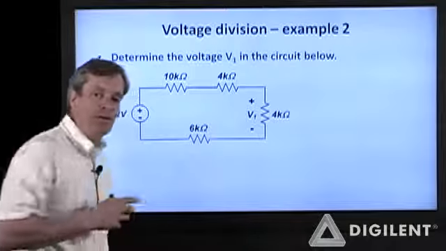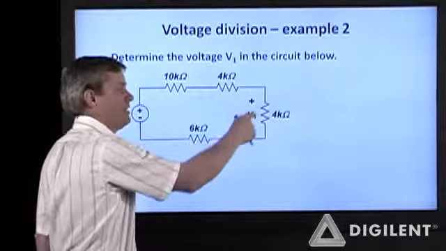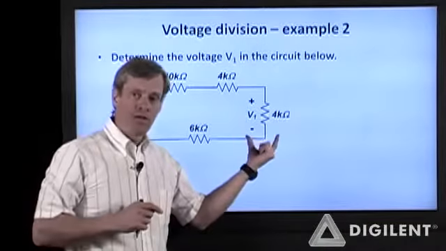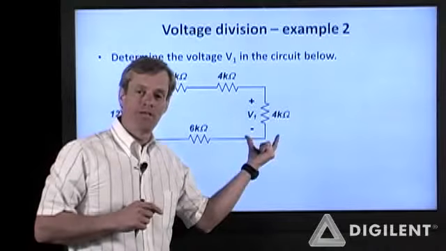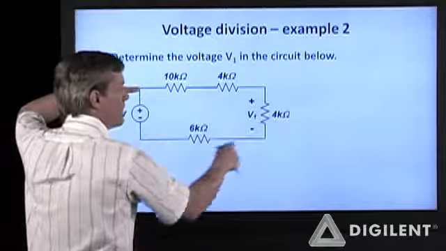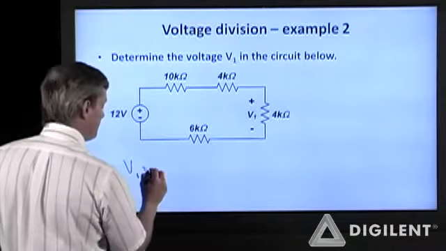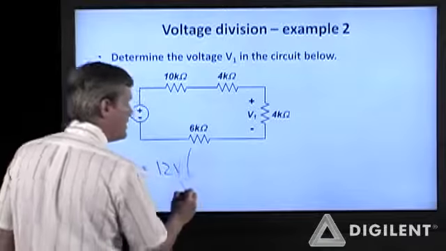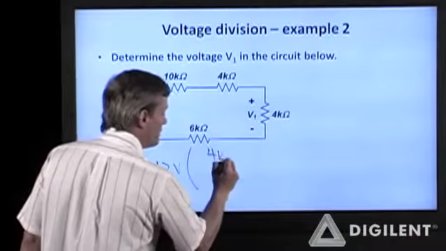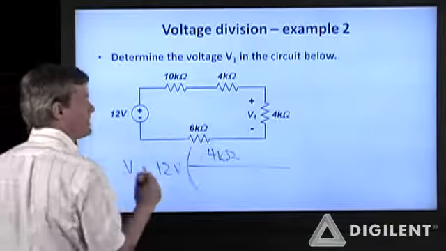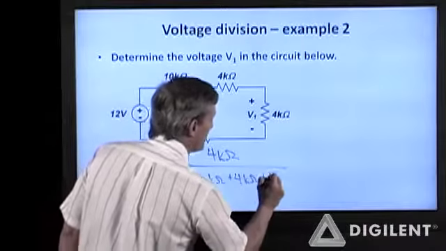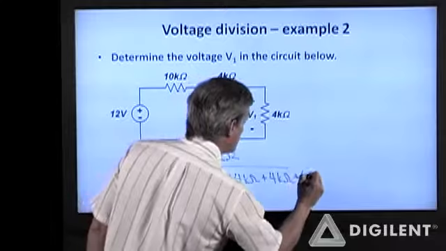Now, hopefully by now you're getting pretty good at identifying the fact that these elements are all in series. Once they are all in series, you can use a voltage divider to determine an individual voltage in that series combination. So V1 is going to be the total voltage drop across the series combination, which is 12 volts, times the resistance where V1 is taken across, 4 kilo ohms, over the total resistance in the series, which is 10 kilo ohms plus 4 kilo ohms plus 4 kilo ohms plus 6 kilo ohms.